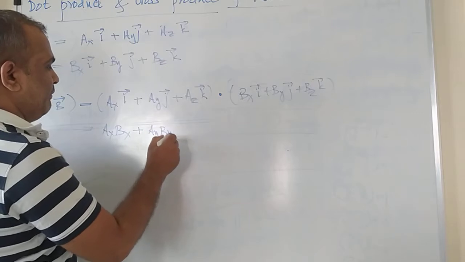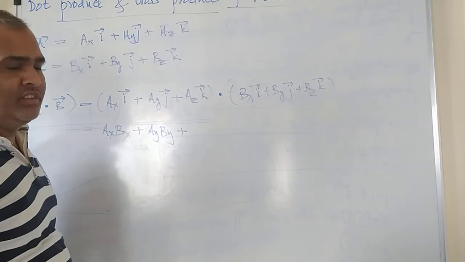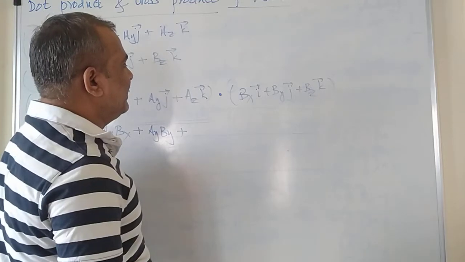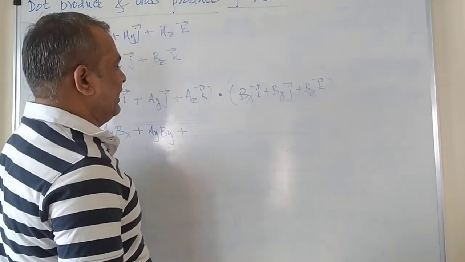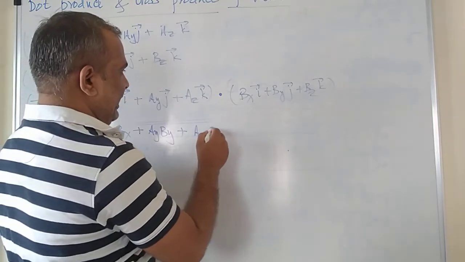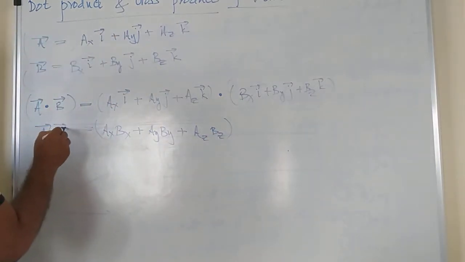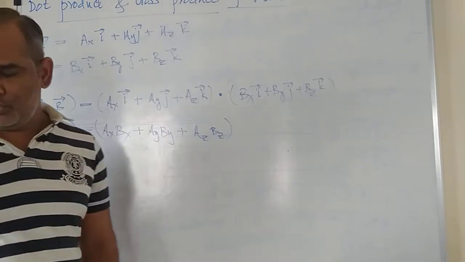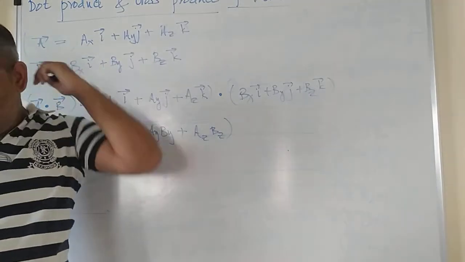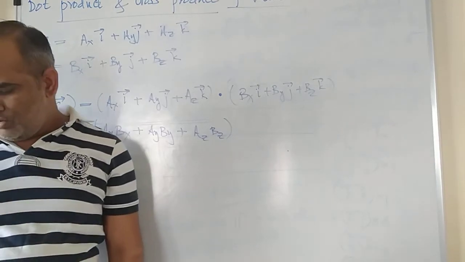So ay by plus ay bz into j dot k is 0. Similarly, multiply the third term by the bracket, that will give you az bx into k dot I, which is 0. Next k dot j is 0 and k dot k will be 1. So the last term will be az into bz. So the dot product in terms of the magnitude of their components will be equal to ax bx plus ay by plus az bz. Got it? Hope you have understood this also.